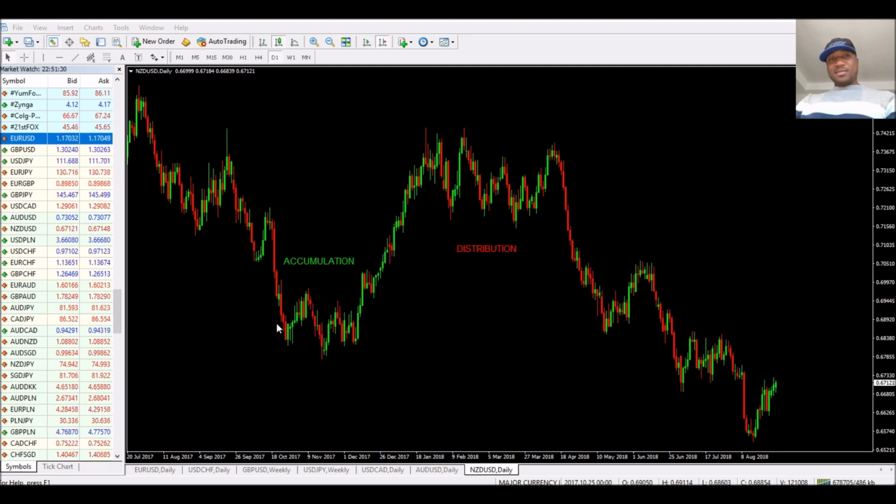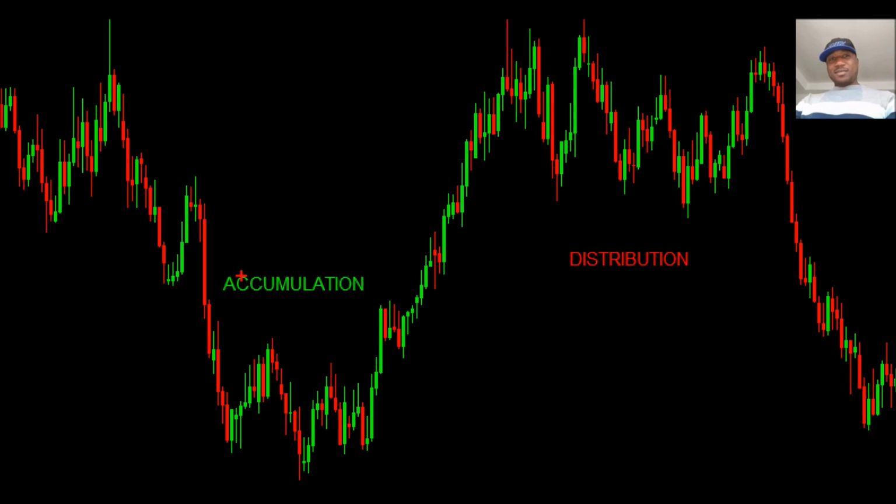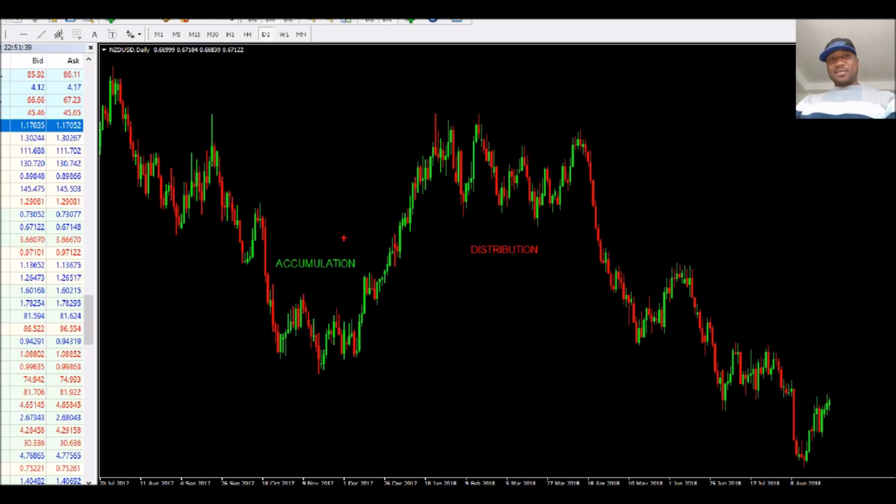So now, how do you identify the accumulation phase or distribution phase? I will start here with the accumulation phase. So as you can see, we have the accumulation phase. The way to identify the accumulation phase is to make sure that you observe that the market is on the downside.